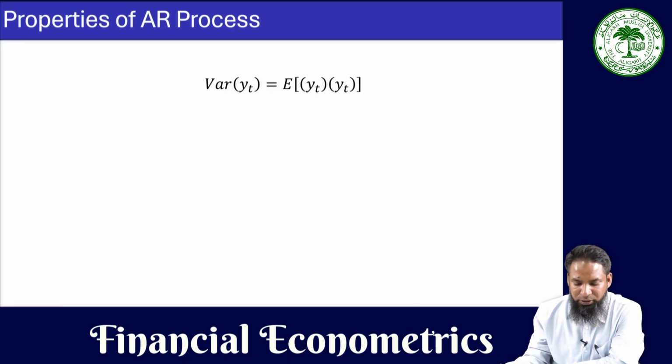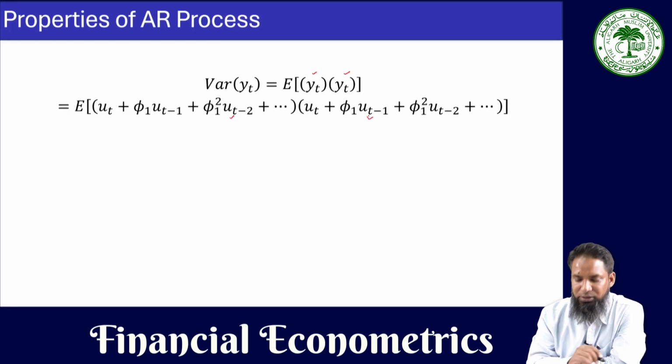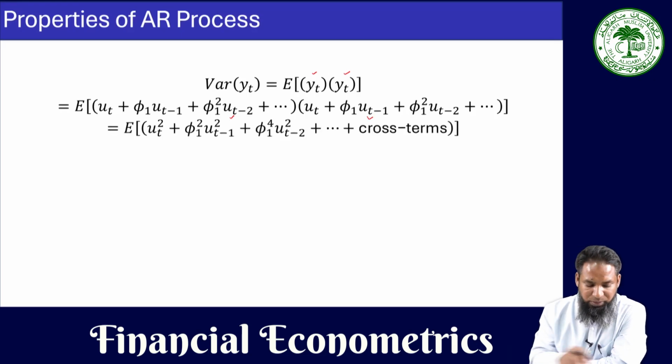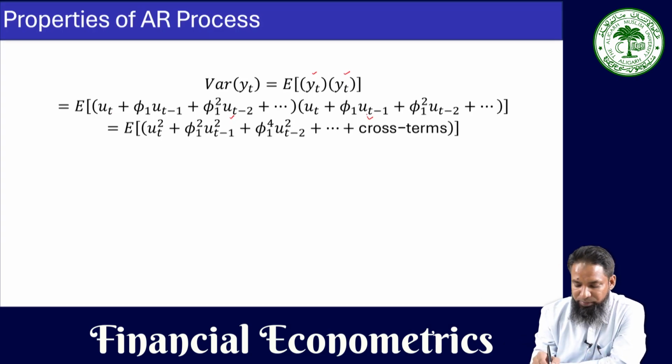Now we know that the value of yt could be represented in this form. So instead of yt we write this here, and again for the other yt we write this here. Now if we multiply these two parts, we have ut into ut, that is ut square, then phi 1 square ut minus 1 square, phi 1 to the power 4 ut minus 2 square, and so on, plus the cross terms, that is ut and ut minus 1.